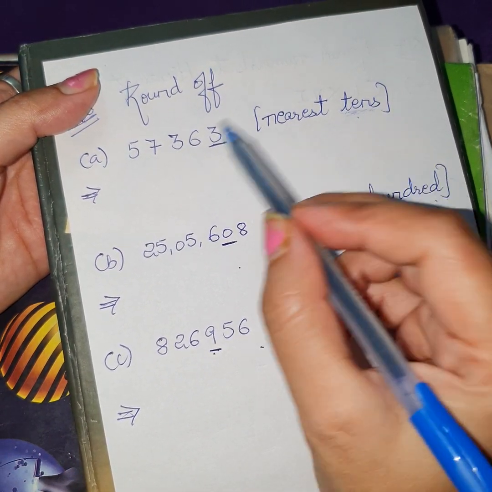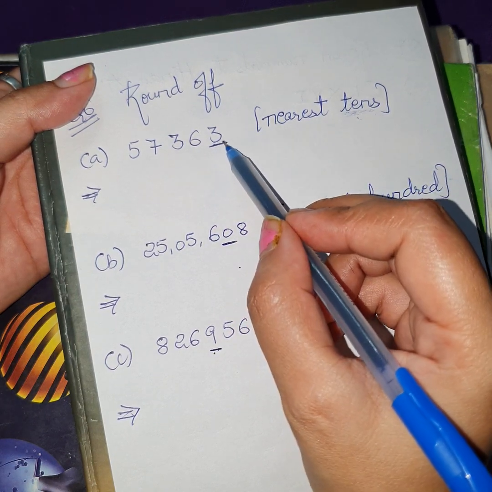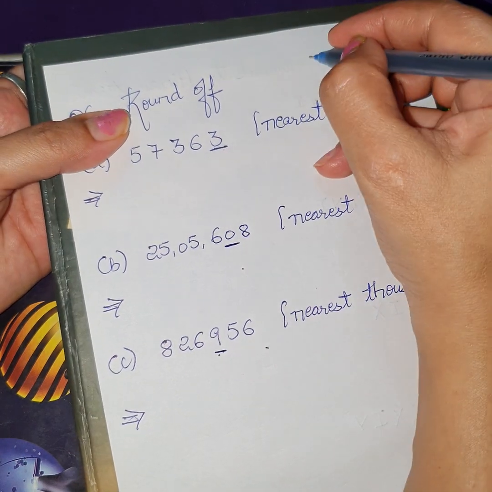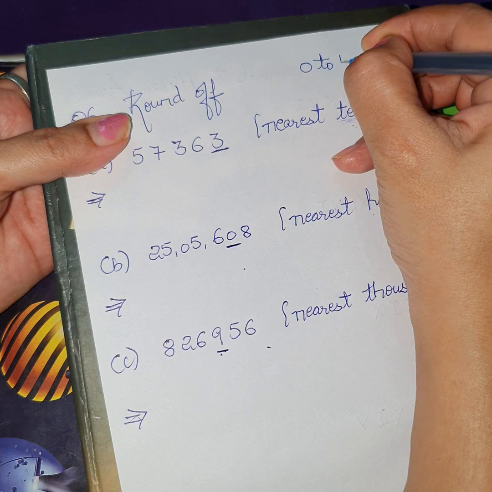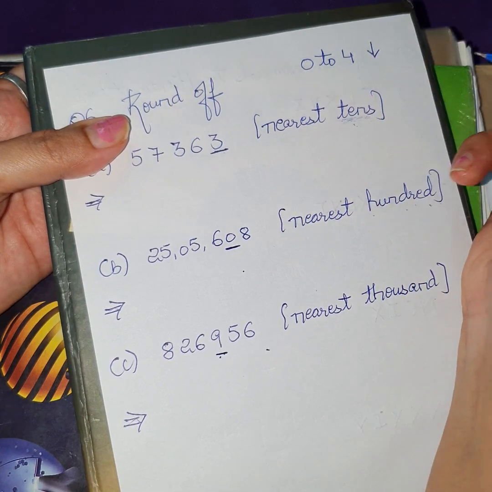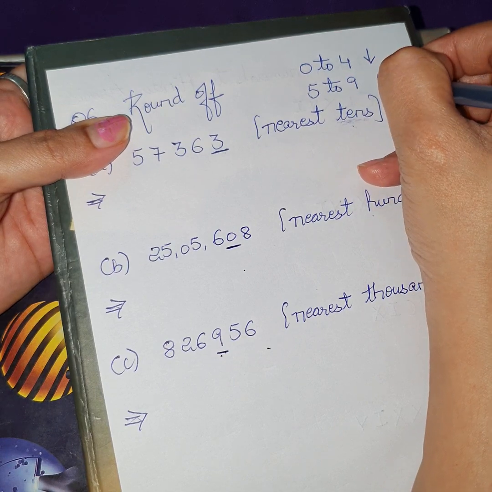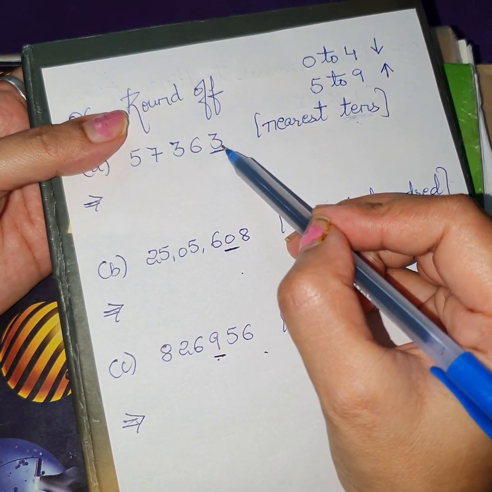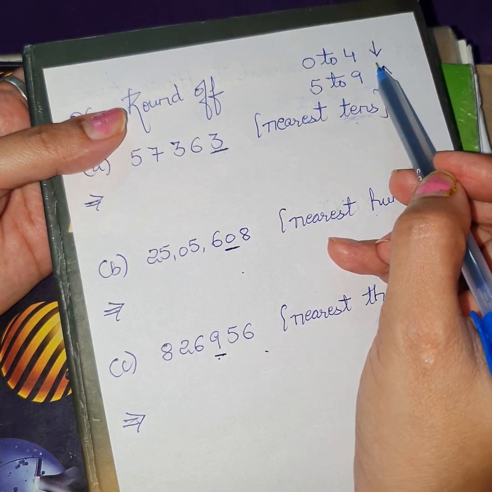So let's move on with A part firstly. Nearest tens, the underlined digit is 3. And as per the rule of rounding off, I told you if the digit is between 0 to 4, then it will be rounded down, and if the digit is between 5 to 9, then it will be rounded up. So here the underlined digit is 3, that means it is between 0 to 4, so it will be rounded down.